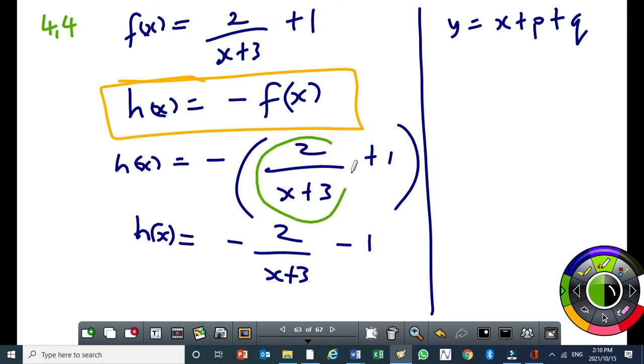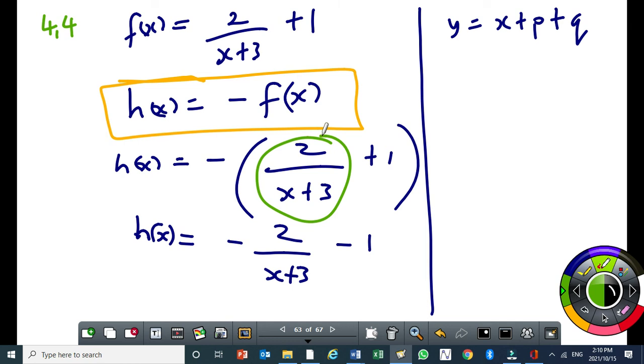So this is a fraction. If you multiply negative 1 by the fraction, the whole fraction changes from positive to negative. For the hyperbola, the denominator is always positive, but the numerator is the one which becomes what? Negative.